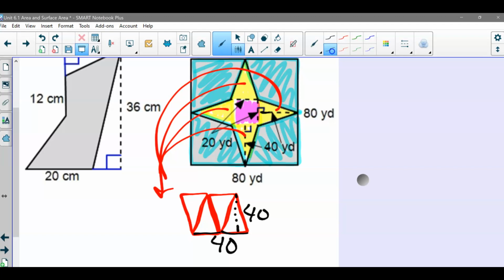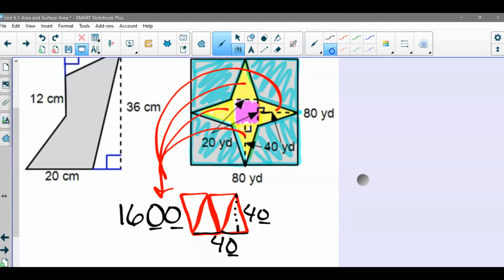So we have 40 by 40 is? 160? Right, 160? Ah, 1,600. Because we have 16 and then those two zeros.